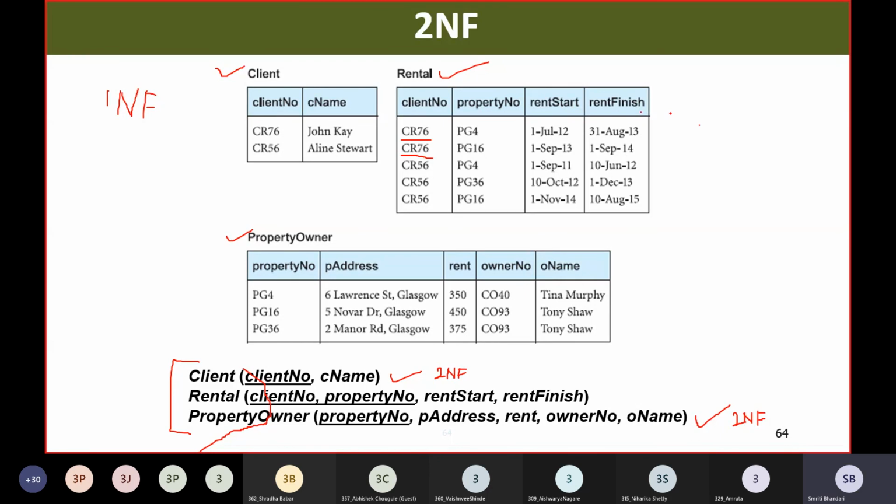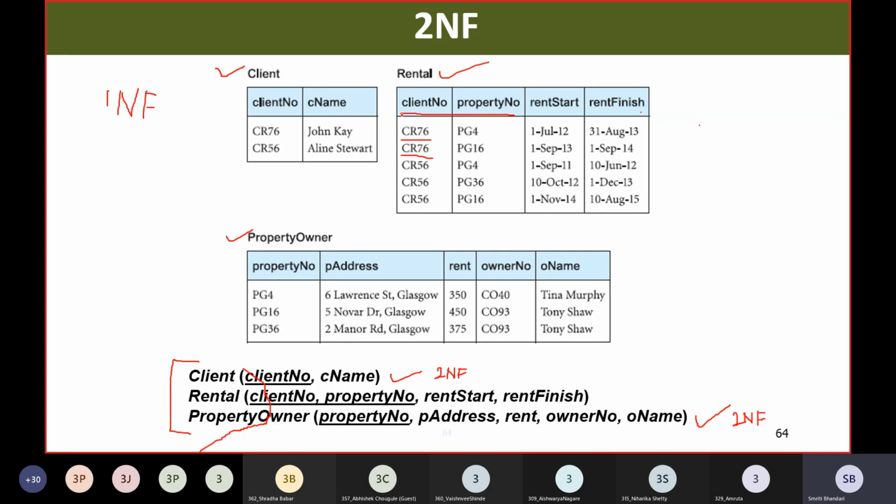Similarly, rent finish does not depend only on client number. Also, these two attributes do not depend only on property number. So, to identify these two attributes, this composite primary key is required.